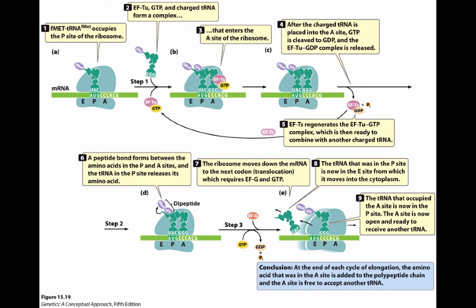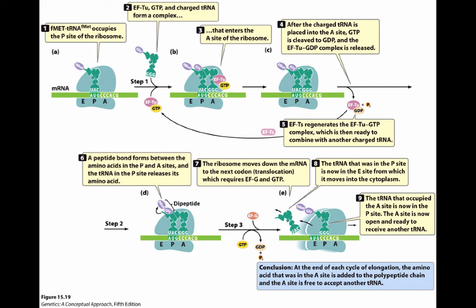After the charged transfer RNA is placed into the A site, then guanine triphosphate, or GTP, is going to be cleaved to GDP, and the complex is then going to be released.